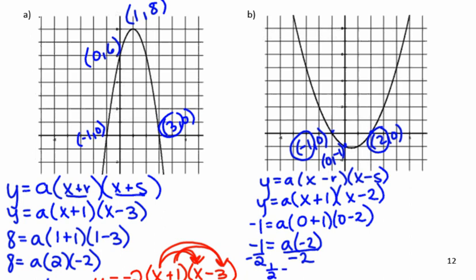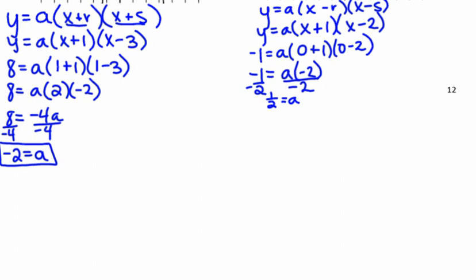A is positive 1/2. So in factored form, y equals positive 1/2 (x plus 1)(x minus 2). That's our factored form.